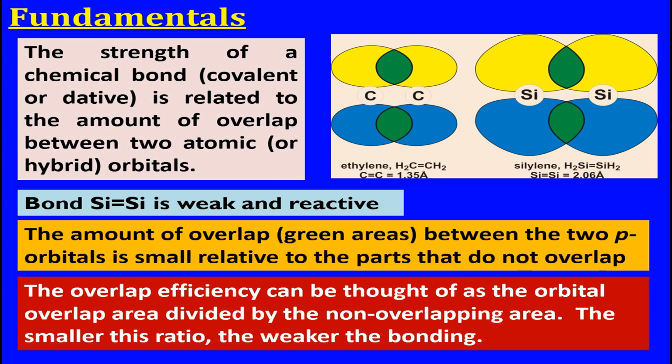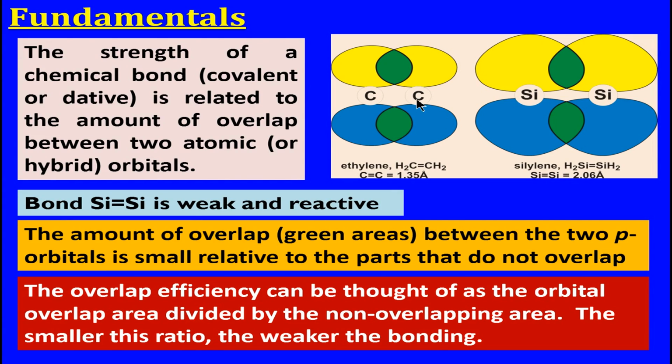In the same way, in the case of Si, the green part, which is the overlap between orbitals, is small relative to the parts that do not overlap. So by theory, C=C and Si=Si are not stable, are not strong.